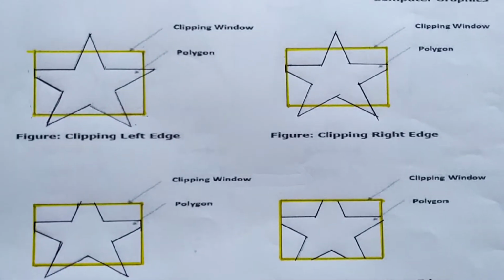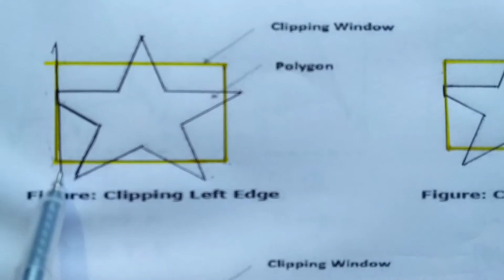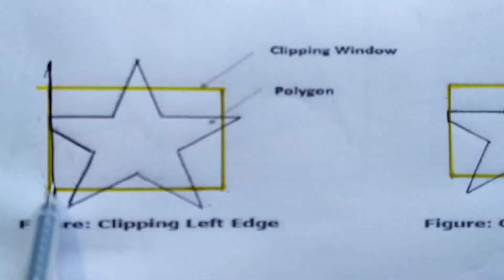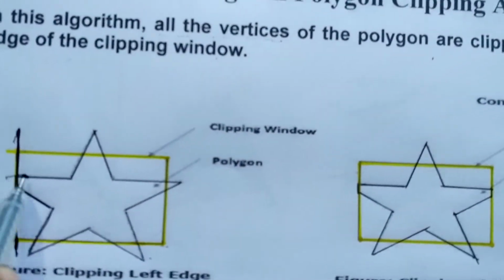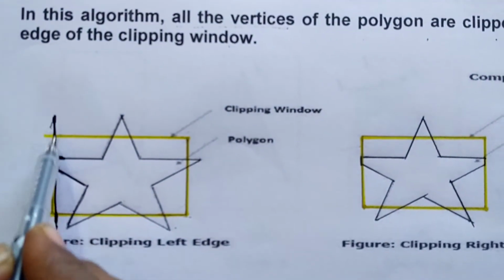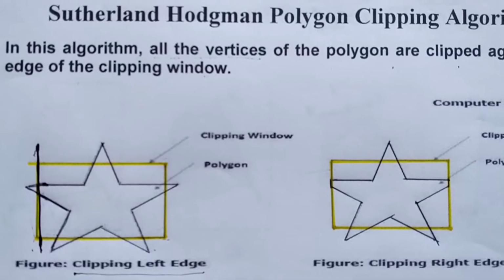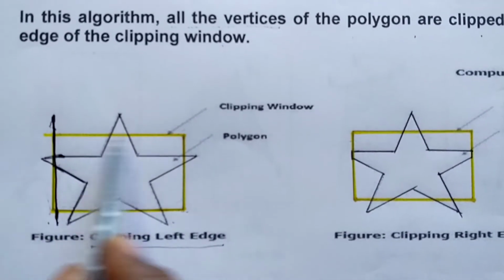In the first step, to clip the polygon, first we need to clip the polygon against the left edge of the clipping window. See, previously your image was like this, your object was like this, right? So what is happening as per this algorithm? First we need to clip the left edge of the polygon. This is the left edge of the clipping window.